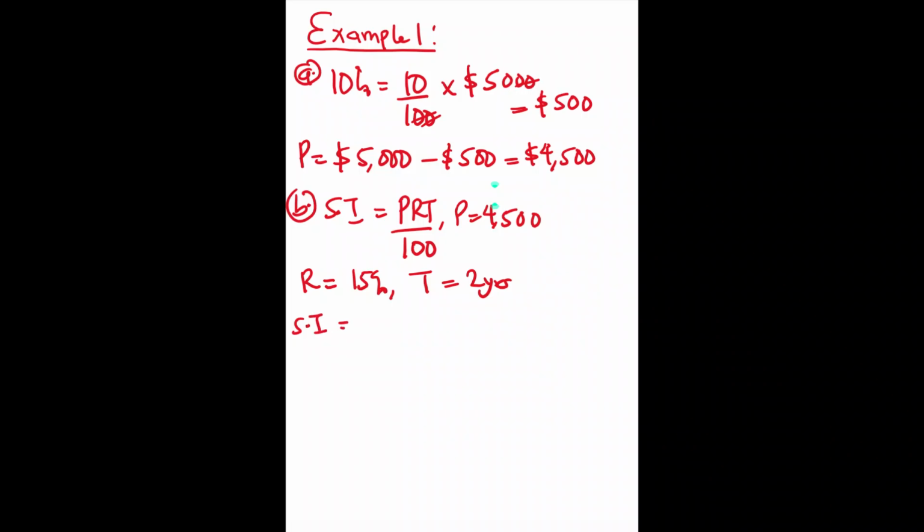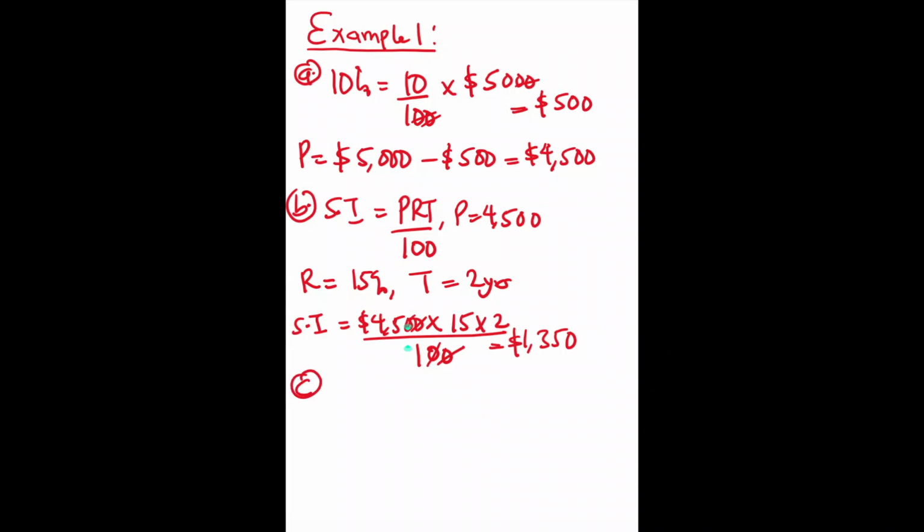So SI equals $4,500 times 15 times 2 divided by 100. This zero cancels this zero, and this zero crosses out this zero. When we multiply 15 times 2 is 30. 30 times 45 is $1,350.